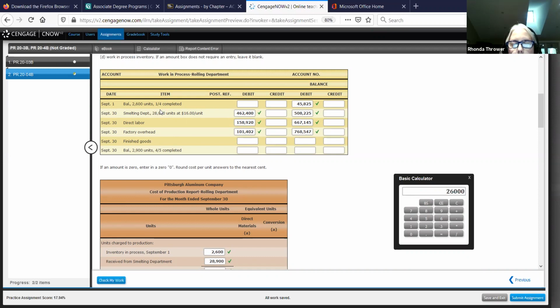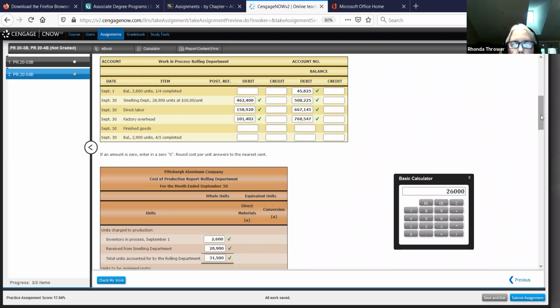So this month, we have to figure out how much it's going to take to finish those beginning inventory units. And so you would have to take the complement of this 1/4, which would be 3/4 of 2,600, to tell you how many units that you have to finish for conversion. But remember, we're starting with materials.